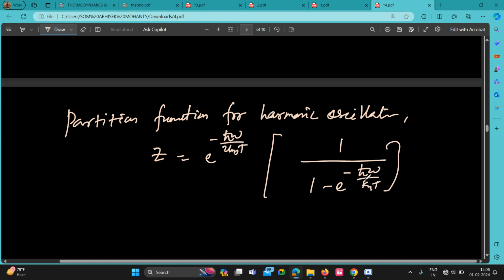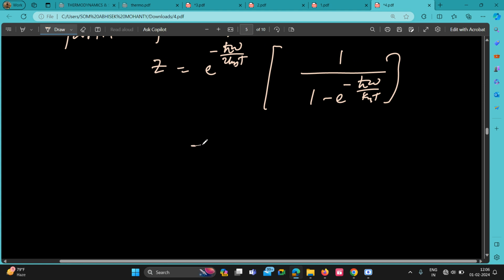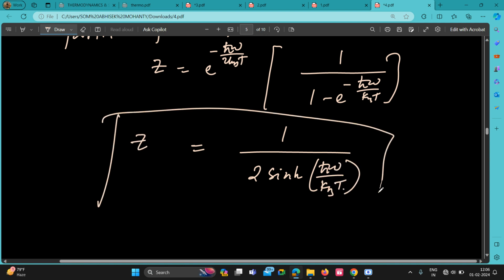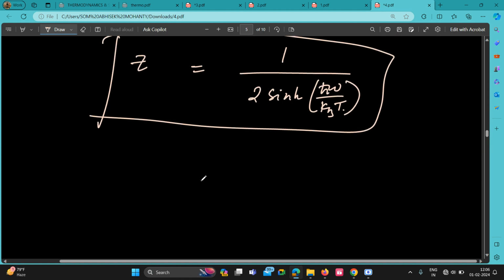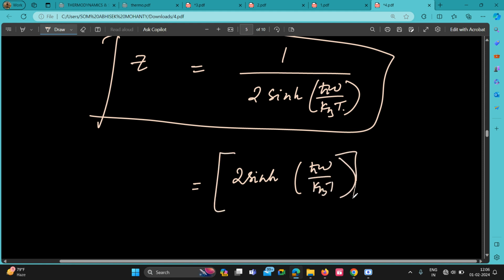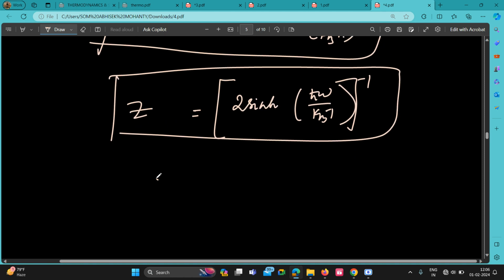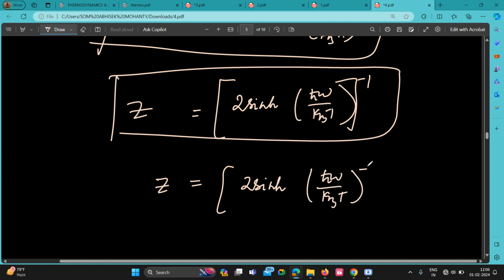This can also be written as 1 by 2 sinh(h bar omega by 2kBT). This is a hyperbolic function, or I can also write it as (2 sinh(h bar omega by 2kBT)) inverse, full inverse. For N particles, Z will be (2 sinh(h bar omega by 2kBT)) to the power minus N.